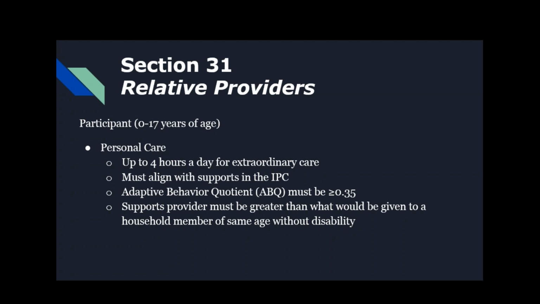Relative providers who are delivering services to children 0 to age 17 may only receive payment for personal care services up to 4 hours per day for extraordinary care purposes only, as indicated in the slide.